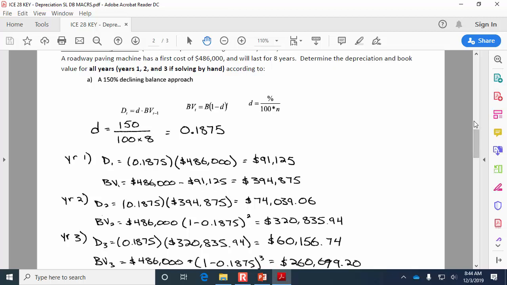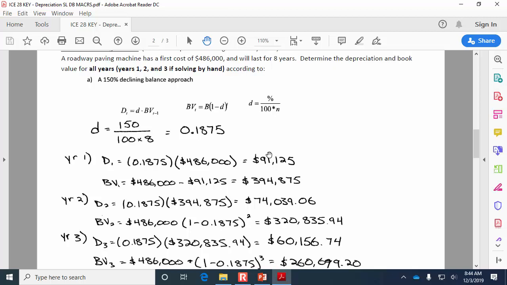So what you can see is with the 150% declining balance approach, the depreciation amount keeps getting smaller every year. The first year's depreciation is the greatest, and then it just continually tapers off from there because each year's depreciation is a percentage of the previous year's book value.